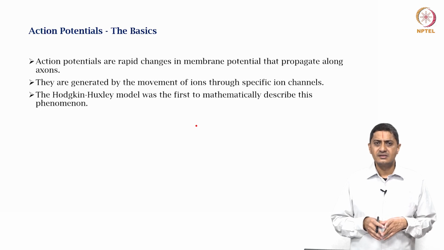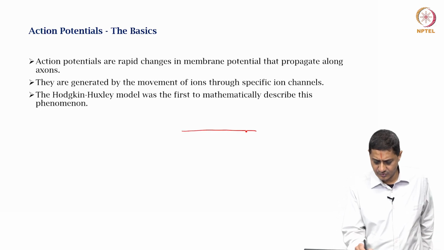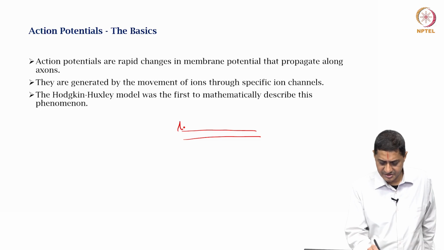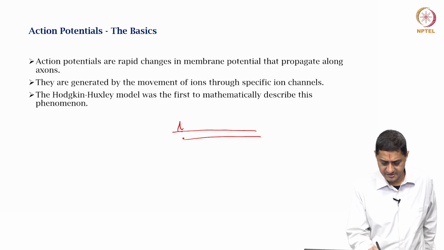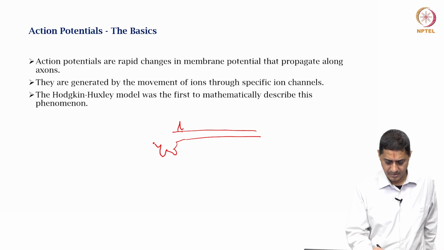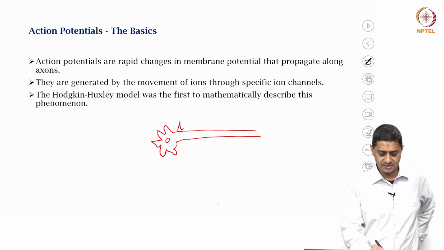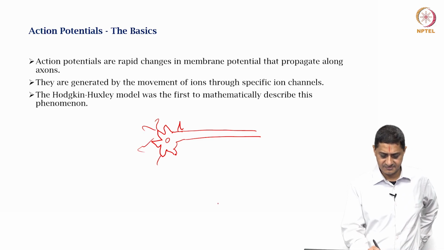But suppose I have this neuron, let us call this a neuron. This is the nucleus and the axon and the dendrites, for example. These are the dendrites, and an action potential is starting here.